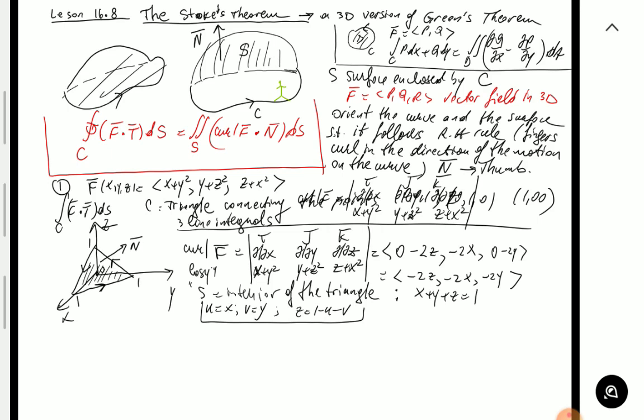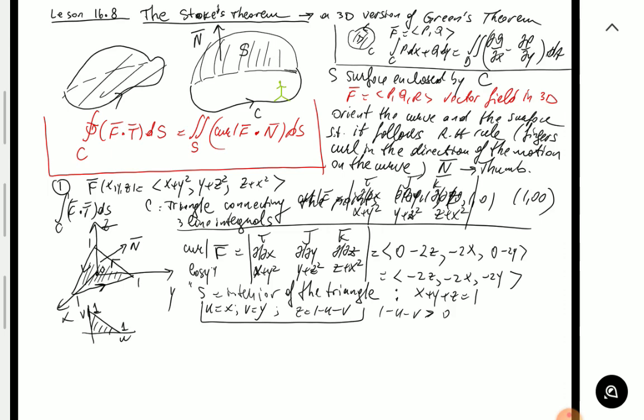Because 1 minus x minus y, or 1 minus u minus v, should be greater than 0, right? Because z is greater than 0. Okay, so therefore, if I were to sketch the parameter domain of the surface in v and u, this is it, right? So the interior of that triangle.